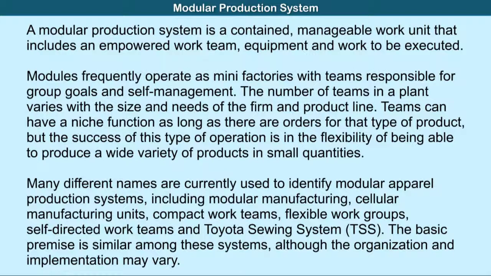Many different names are currently used to identify modular apparel production systems, including modular manufacturing, cellular manufacturing units, compact work teams, flexible work groups, self-directed work teams, and Toyota sewing system.